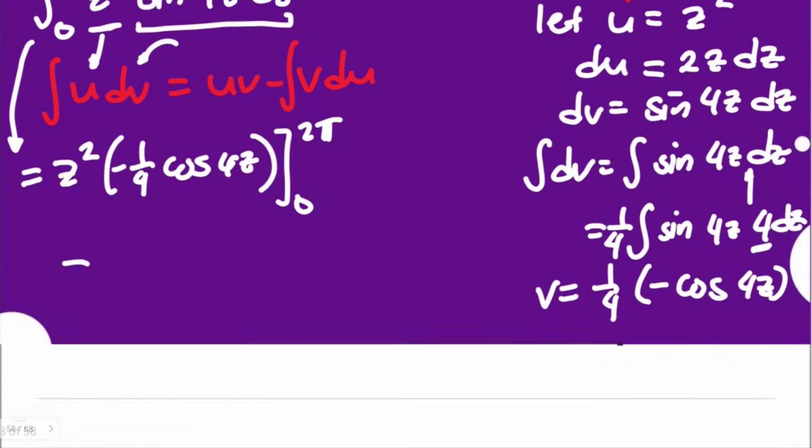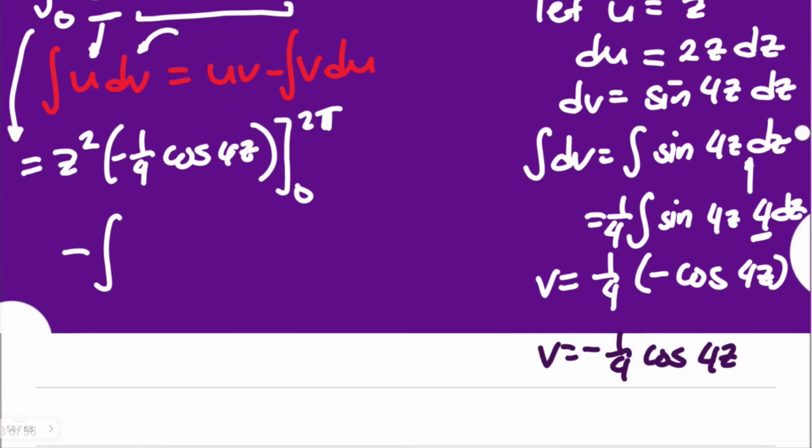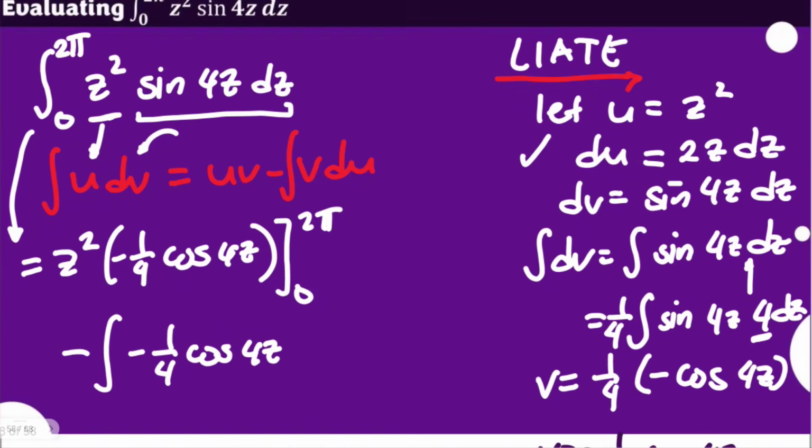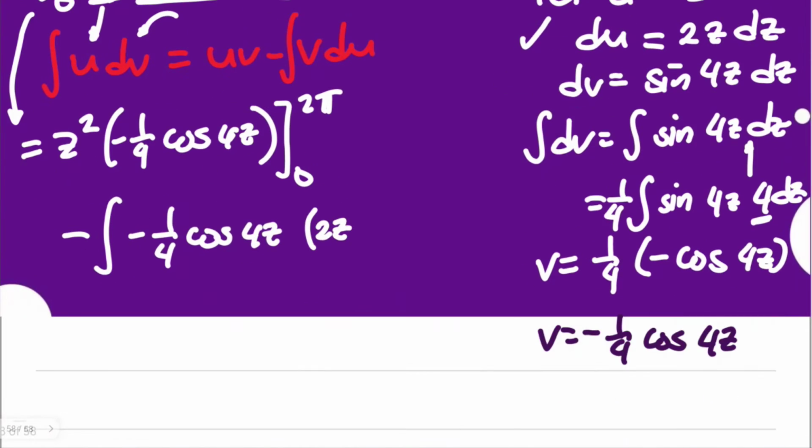Minus the integral of v du. Sorry, let me rewrite that. That's 1/4 cosine of 4z, that's v. Your du is this times 2z dz. Okay? This is 0 to 2 pi.